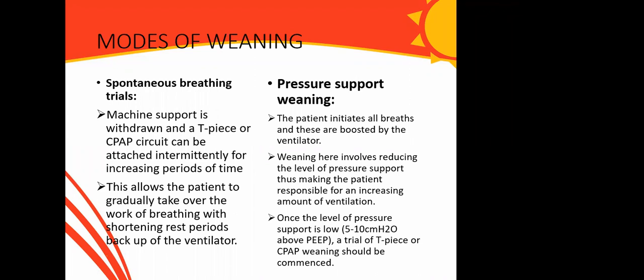What you do is that you continue to reduce the amount of pressure you are providing so that the patient takes more responsibility for his ventilation. Once you are able to bring your pressure support to between 5 to 10 above PEEP, you can do a trial of T-piece that we mentioned before.